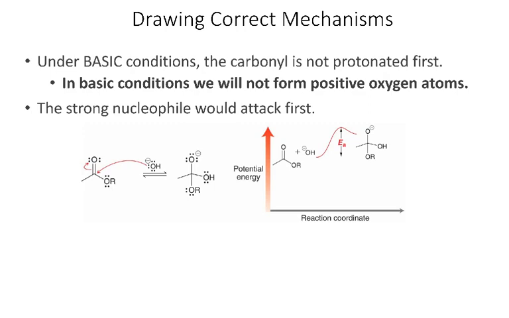Right, under basic conditions, OH is going to be our nucleophile, and so when it attacks, having an O minus, which is a strong base under basic conditions, is okay. And in fact, we're not even making a new negative charge. The negative charge existed on the OH to begin with. And so this first nucleophilic attack is allowed under basic conditions.